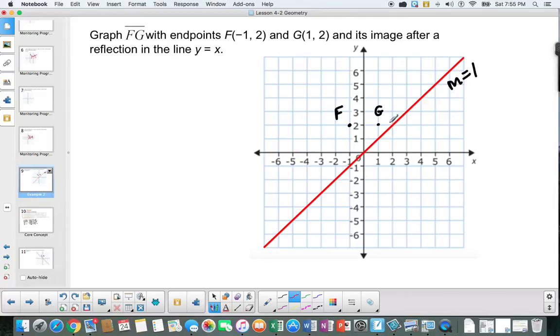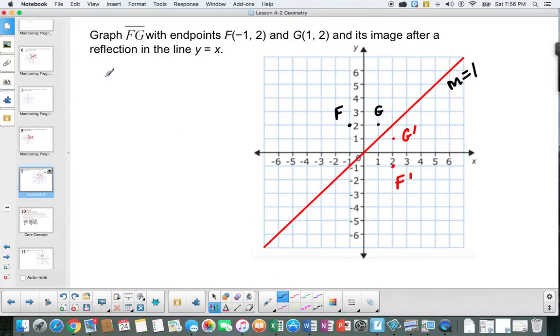So let me go ahead and take G, and I want to make sure that I have a slope of -1, so I'm going to go down 1 over 1, and that's going to be G prime. And over here I want to go down 1 over 1, down 1 over 1, down 1 over 1, and this is going to be F prime. Notice that G and G prime look like they're being bisected. Look at F and F prime, they look like they're being bisected, and of course they're perpendicular because I made sure the slopes were what they should be.